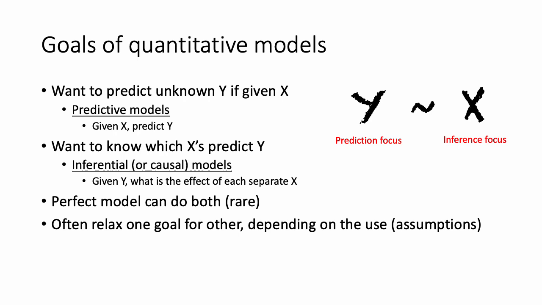In theory, a perfect model could do both. Models take X and predict Y through some function. So if it's a perfect function, we would know exactly how X leads to Y, and we would also predict Y accurately. Ideally we would want to do both. It turns out in reality that we often have to relax one for the other, depending on a set of assumptions or particularly how we want to use the model. And we'll talk more about some of those things as we move along.